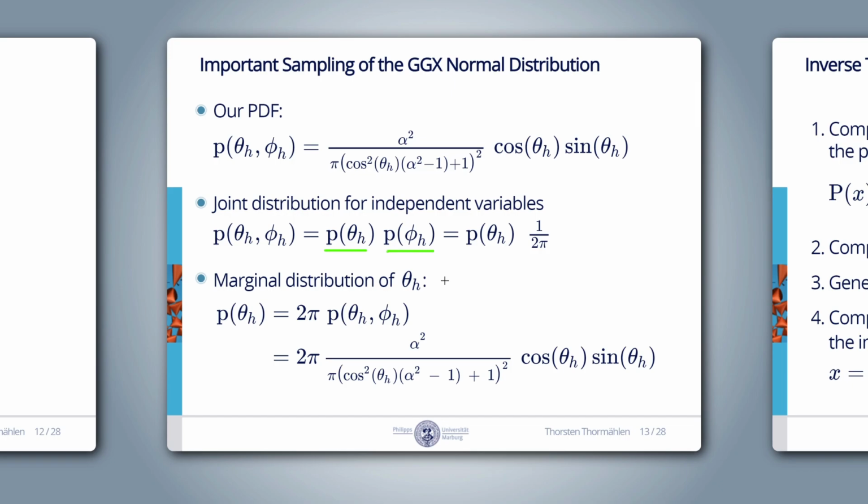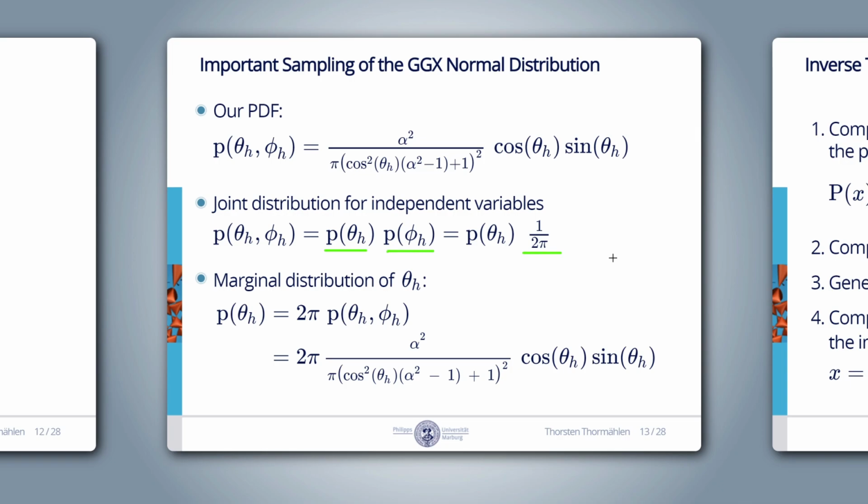As the joint distribution does not depend on phi_h, we sample phi_h uniformly. For the hemisphere, phi goes from 0 to 2 pi. Therefore, the marginal distribution of phi is given by 1 over 2 pi, because it is a simple uniform distribution.